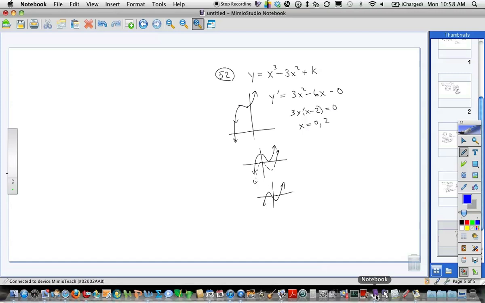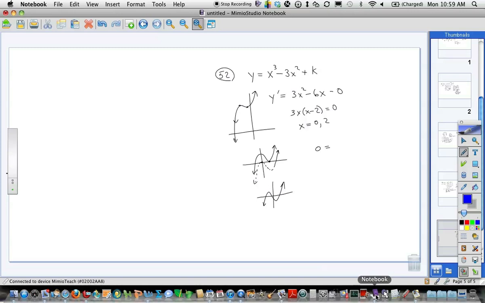Now you would figure out what k value you would put in to make x equals 0 give an output of 0. What I care about is when those max and mins touch the x-axis, in other words, when y is 0. So I'm going to put a 0 in for x, and a 0 in for y, and see what k would be.